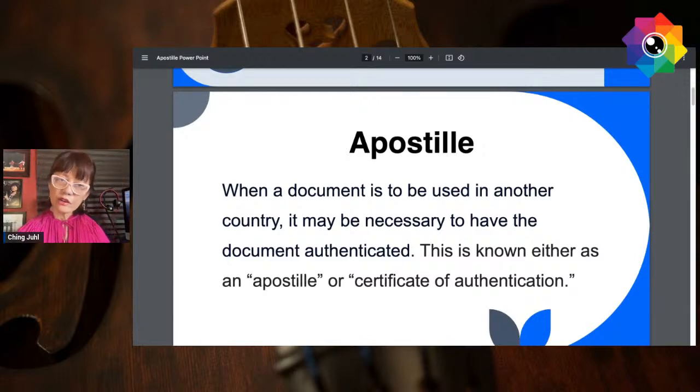This is known either as an apostille or certificate of authentication. So basically, say Mark is going to China to teach English.